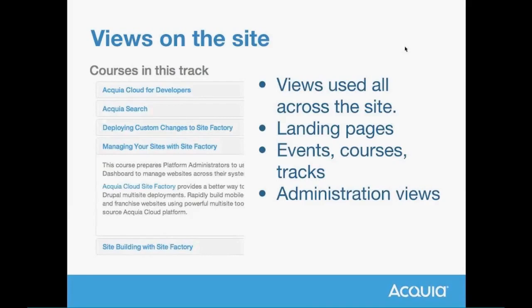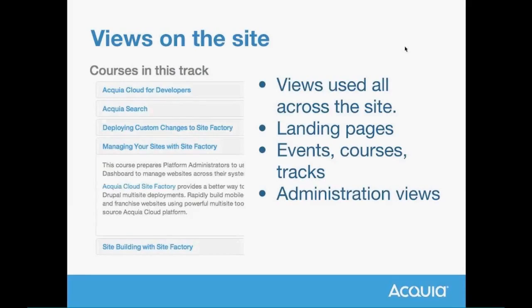We use views in various places to show things like upcoming events, the courses in this track, as you can see here. These are all views using contextual filters and in some cases relationships to actually pull in the data from other nodes that are linking to your current page, or actually in the case of the event sidebar, showing content from the event node itself in a block.